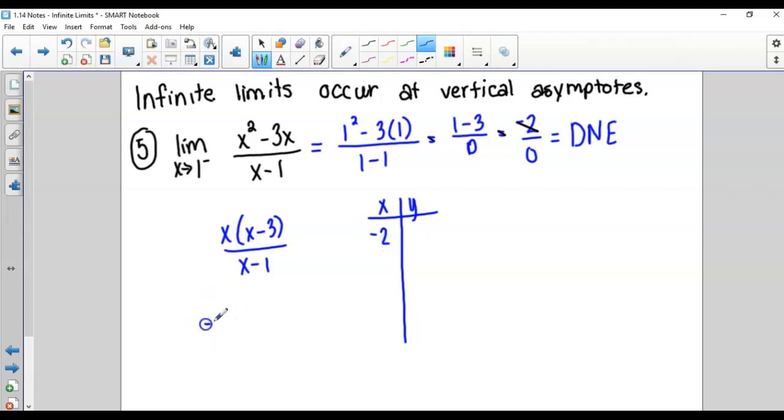If I did negative 2 times negative 2 minus 3 over negative 2 minus 1, I'm going to get negative 2 times negative 5 over negative 3. I will get positive 10 over negative 3, so I get negative 10 thirds whenever I plug in negative 2.